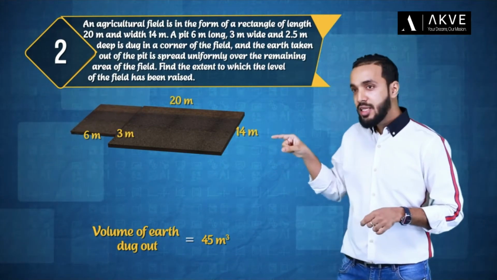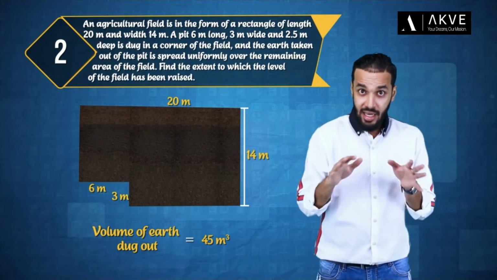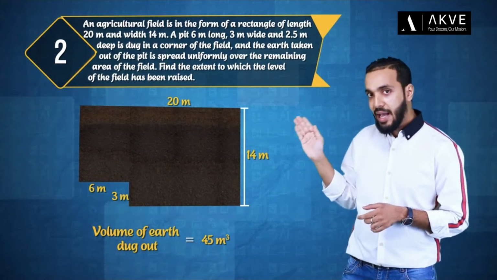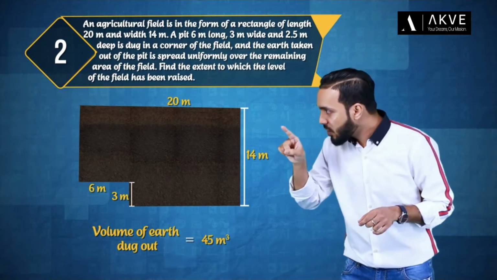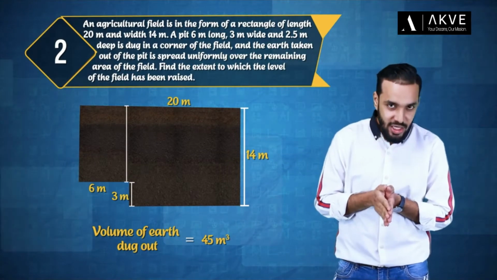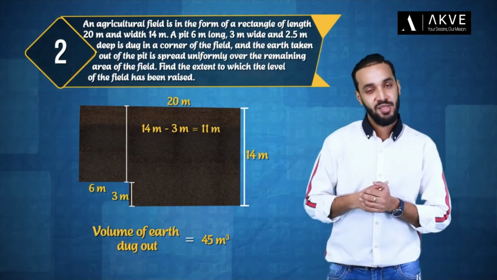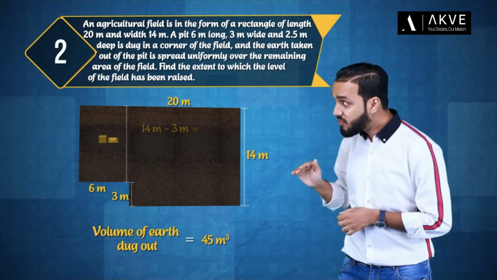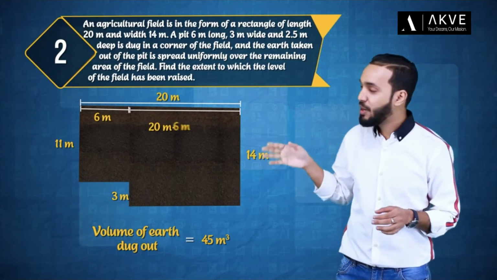You see, this entire side of the field measures 14 meters, and this edge of the pit measures 3 meters. So, the length of this part would just measure 14 meters minus 3 meters, that is 11 meters. Similarly, the length of this other part would measure 20 minus 6 is equal to 14 meters.